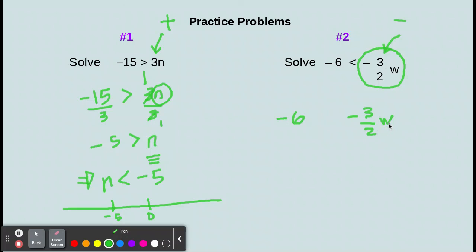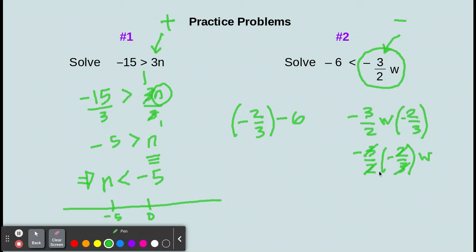Now, since we have a fraction in front of our variable, we can multiply by the reciprocal, which is 2/3, right? So if we multiply negative 3 halves times negative 2/3, negative times a negative is a positive. 2 divided by 2 is 1. 3 divided by 3 is 1. So we're just left with a positive w.